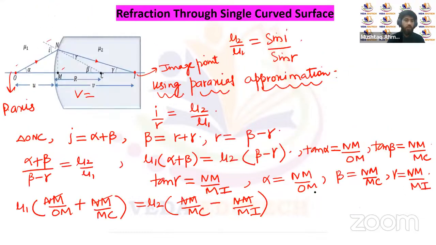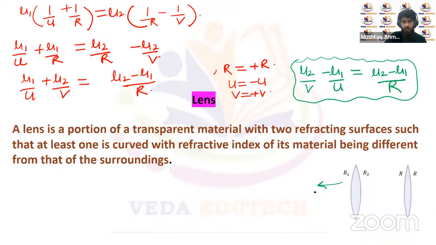We'll be deriving the focal length for this lens. We know the power of a lens is the ability of a lens to bend the ray of light, either towards the principal axis or away from the principal axis. Or we can say either it converges the incident ray of light, or it diverges it.